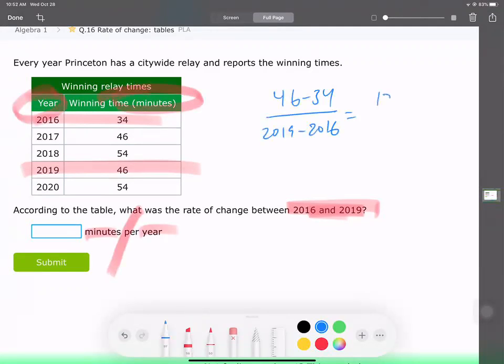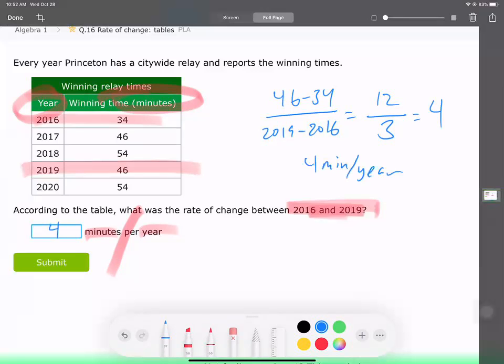That's going to be 12 over 3. Well, can we reduce 12 over 3? 12 divided by 3, thank you very much. That's 4. Great job. So that's correct all the way through. This is 4 minutes per year.